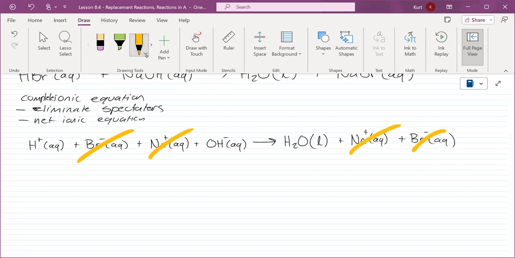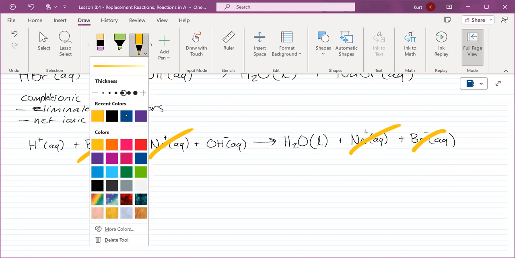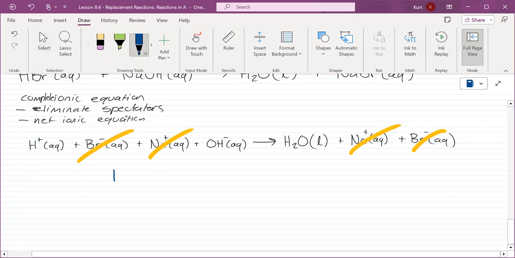So you just write down whatever's left. Hydrogen and hydroxide makes water.